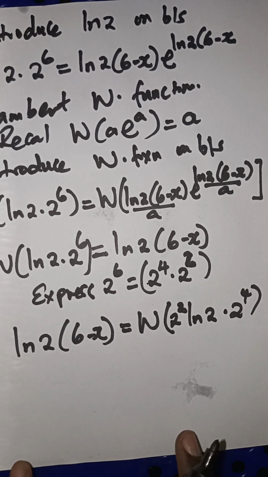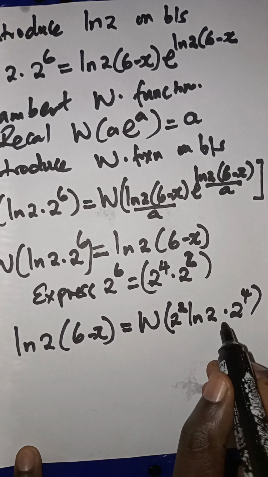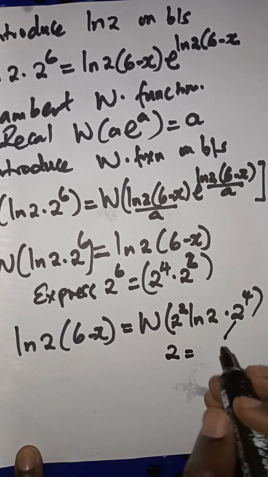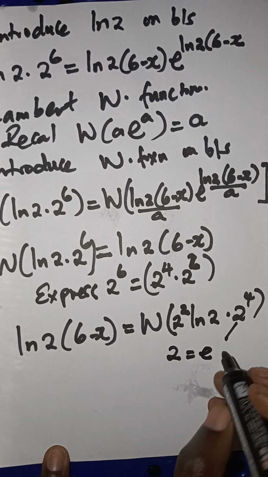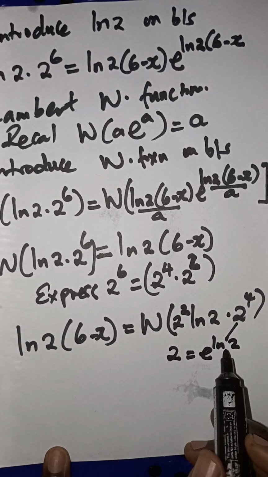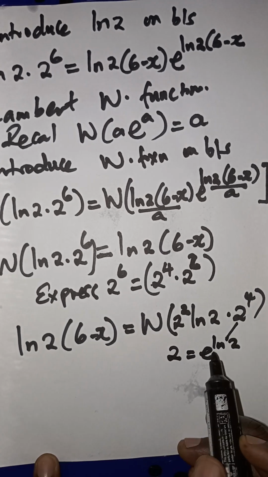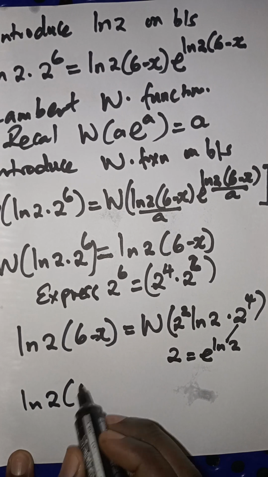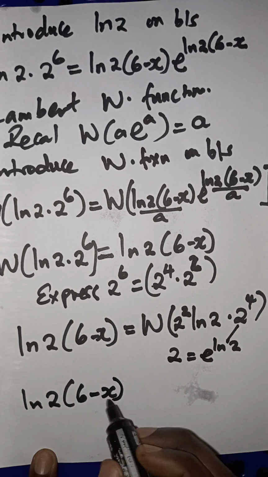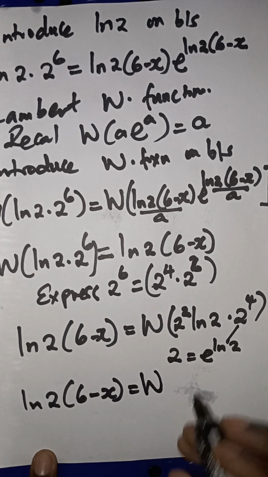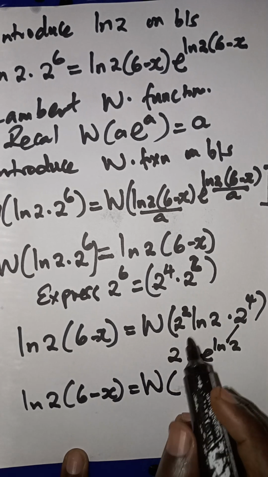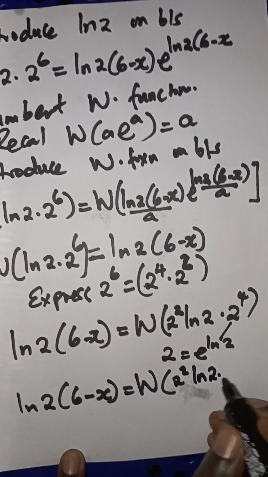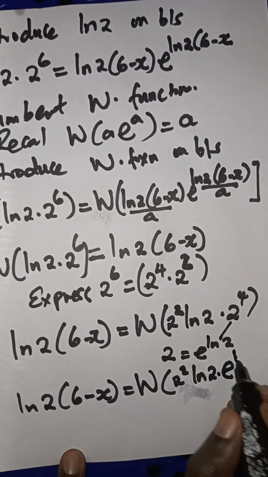To continue simplifying it easily, I'm going to introduce an exponential at this particular point. And I know that 2 is the same as the exponential of the natural log of 2. So I'm going to write these 2 in terms of this, so that I have the natural log of 2 multiplied by 6 minus x is equal to the W of course, 2 squared multiplied by the natural log of 2 to the exponent of the natural log of 2.